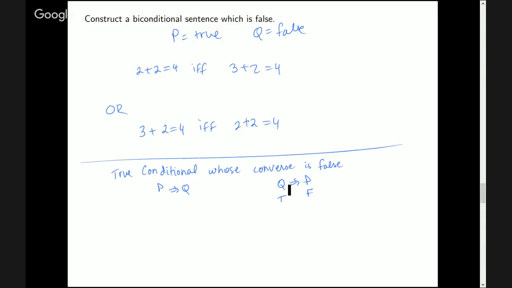So you would have to give yourself, if you had false implies true, this is true for your answer. So you need Q true and P false.